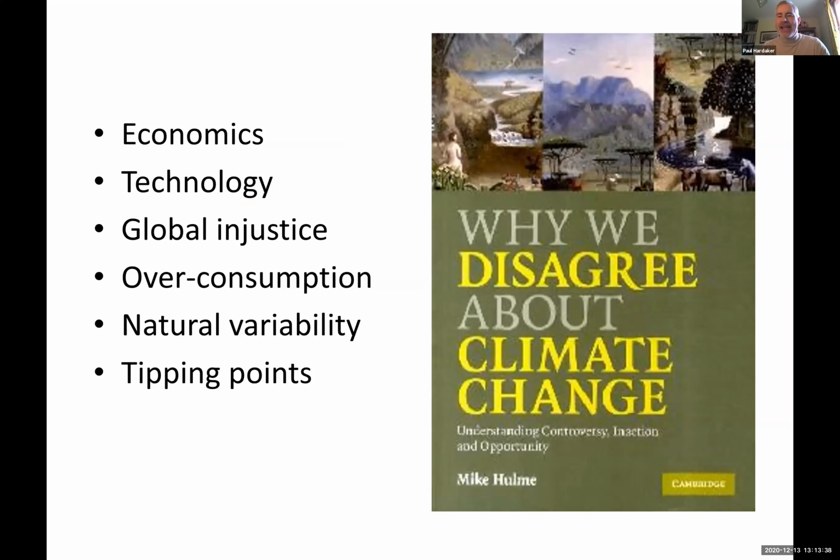We might take a technology view, that we will innovate out of this, or we might think it's due to overconsumption because of population, or it might be driven by a global injustice argument, or maybe even that it's just natural, and there may be a belief this is just all caused by natural variability, or that the climate has significant tipping points and we have to do dramatic things like geoengineer the future.